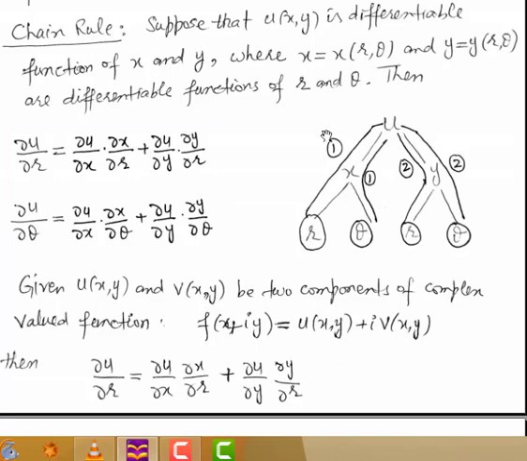And you can see in number 1 we have to write partial u by partial r. u depends on x and x depends on r.